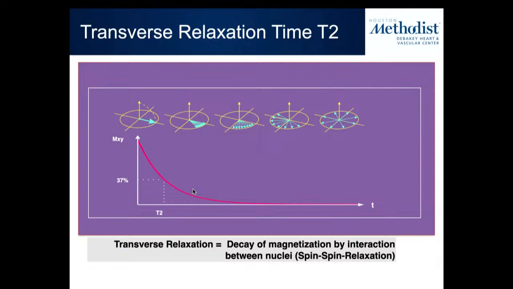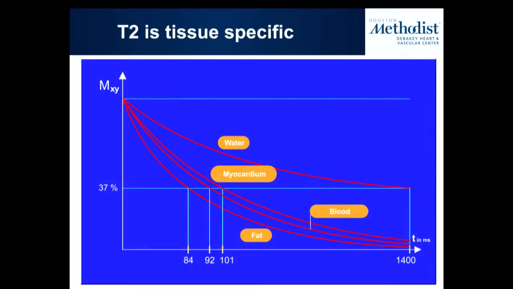So the T2 time also is tissue specific. And remember we said water has the slowest T1 recovery time. It also has the longest T2 decay time. So the T2 decay time for water, for it to get down to 37%, is almost 1,500 milliseconds, right? Whereas something like fat will have a faster T2 decay time as well. So the T2 time for fat is shorter.